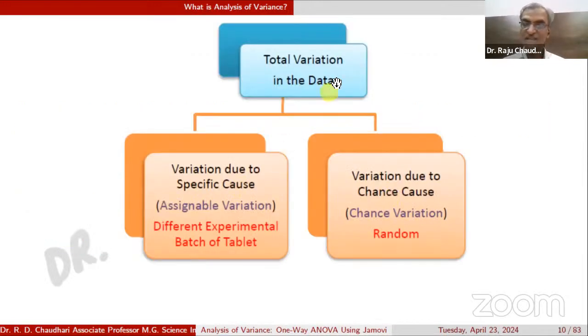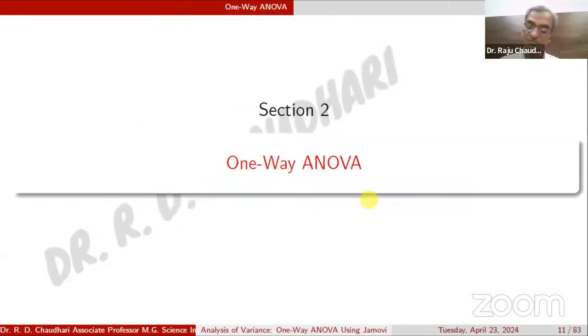To understand this, the total variation in the entire data is variation due to a specific cause, in our example different experimental batches of tablets, because the tablets are selected from different batches. And the other is random variation, also known as chance variation. So this is the main logic behind the analysis of variance, right?